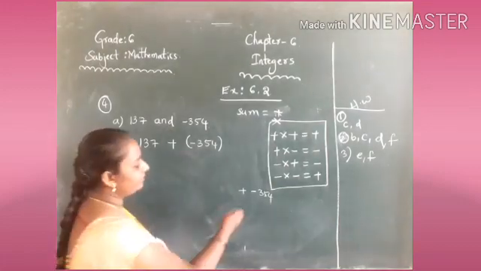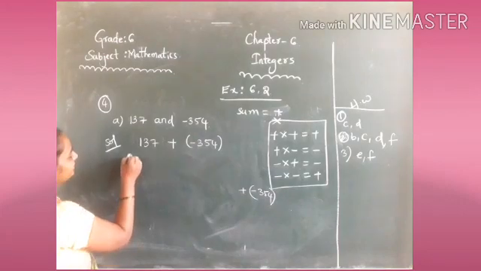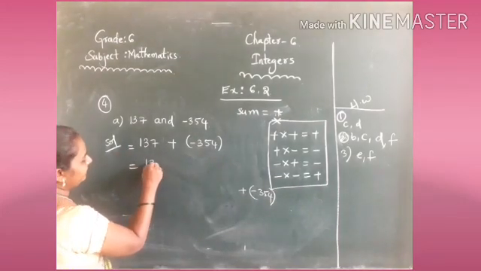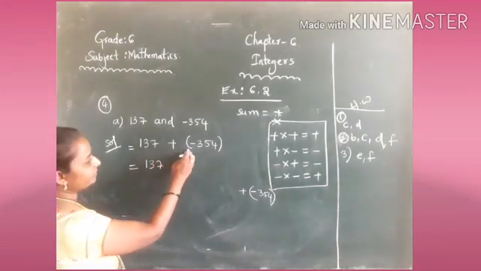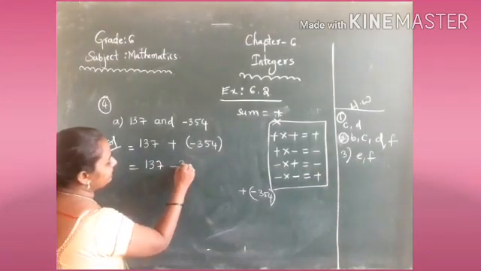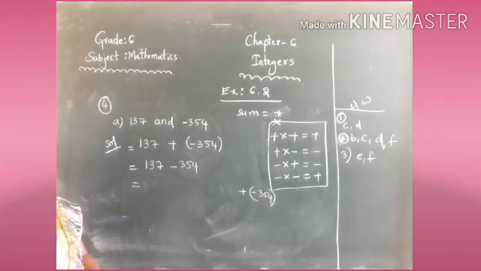So that's why we should keep this one in the bracket. Right. So here next 137 plus into minus, we know that plus into minus, yes, minus 354. Okay. Now what we have to do?